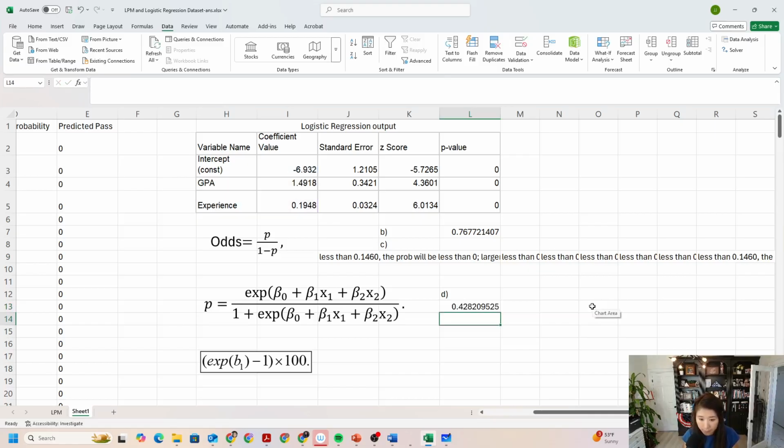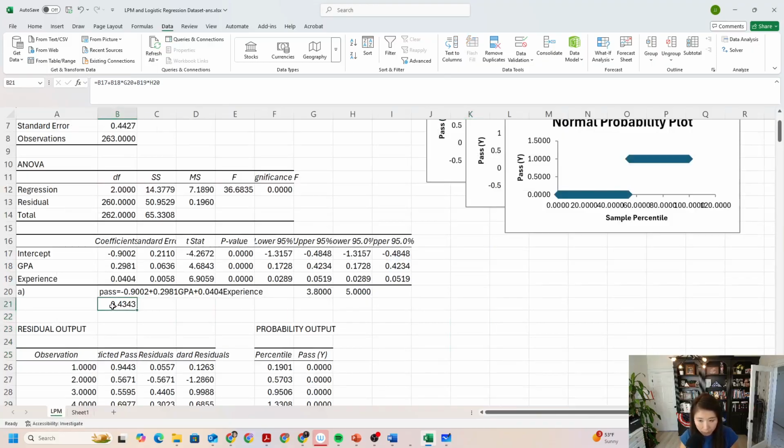So this is the probability we are able to predict using the logistic regression. For this candidate who has 5 years of experience and a GPA equal to 3.8, the probability for him to pass this test is 42.82%.